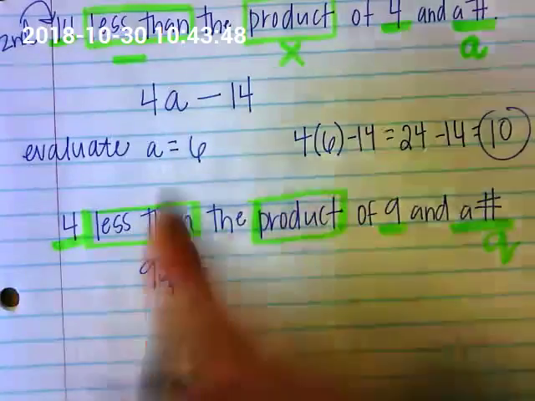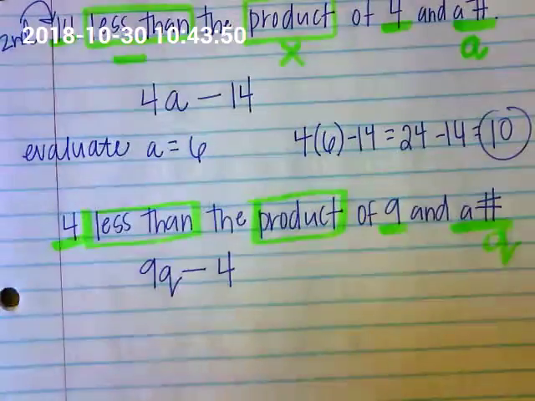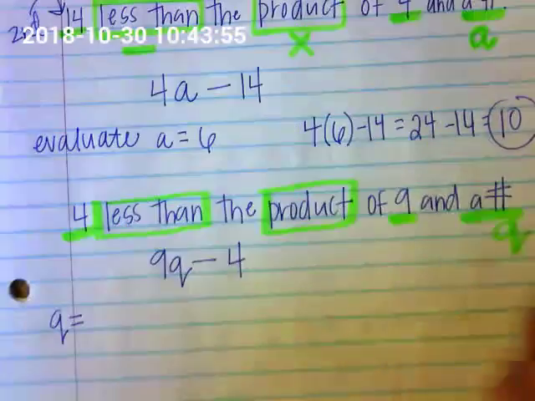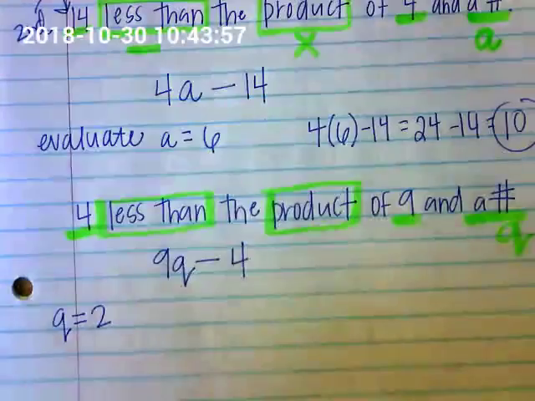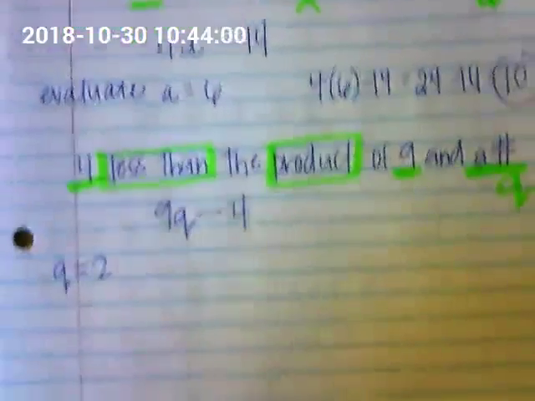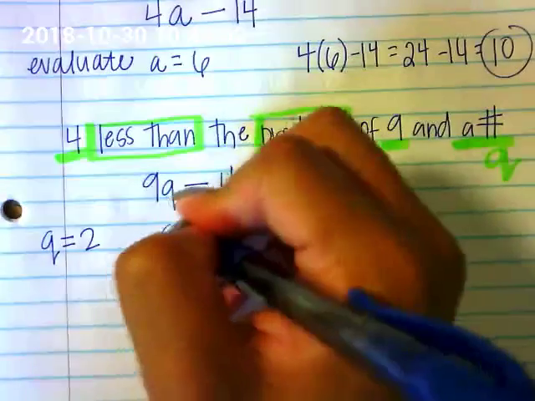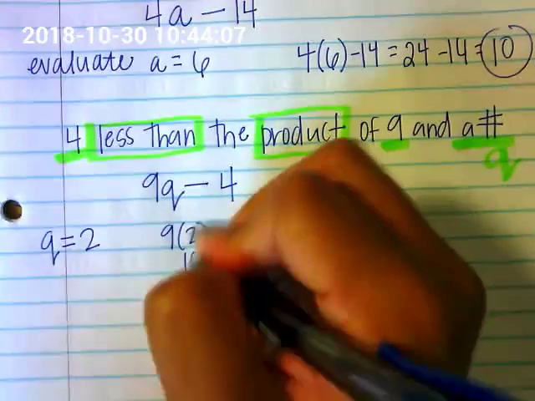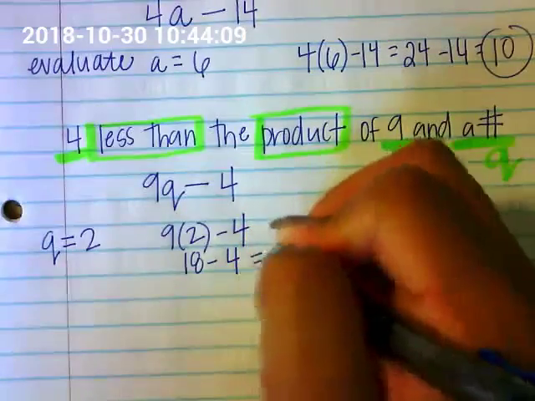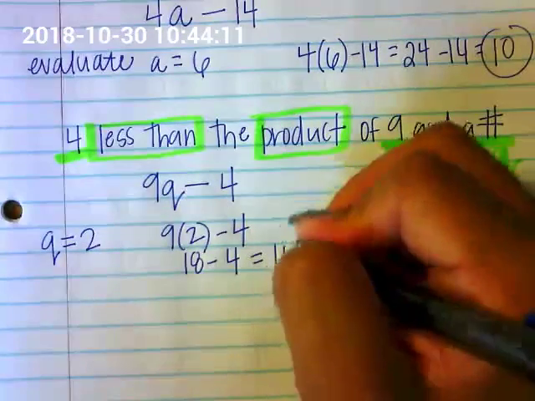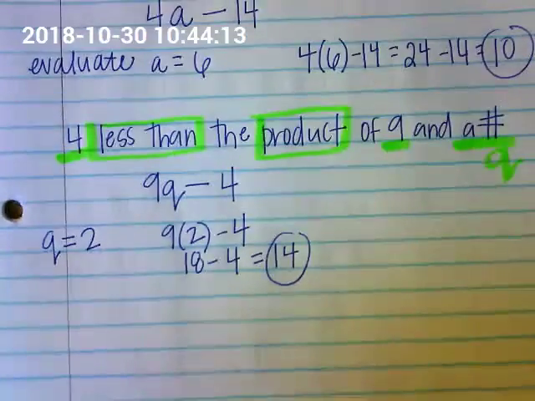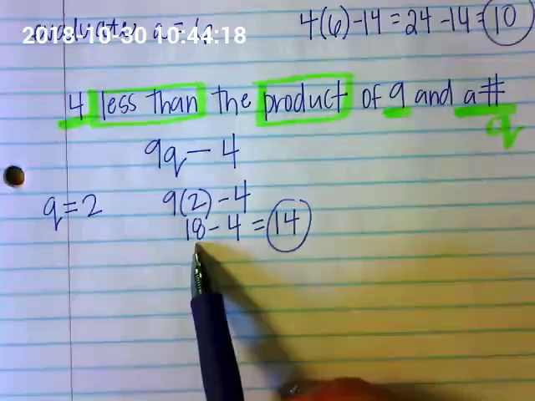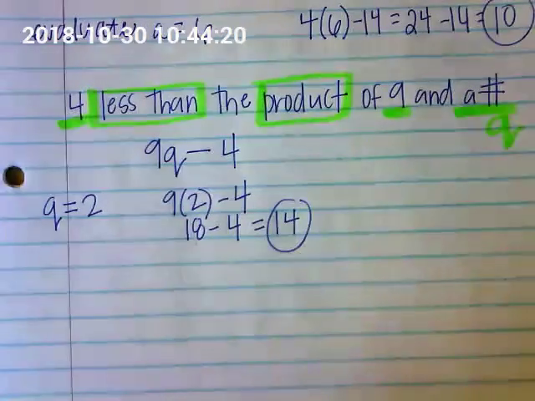So 9Q minus 4. So I want you to plug in, what if Q was equal to 2? Check your answer. So we have 9 times 2 is 18. 18 minus 4 gives us 14.